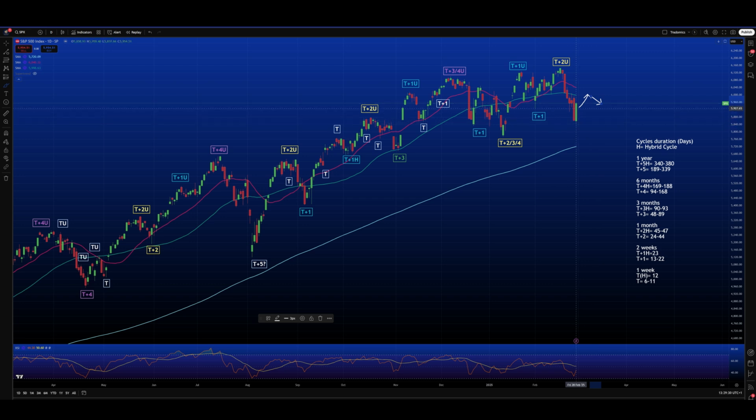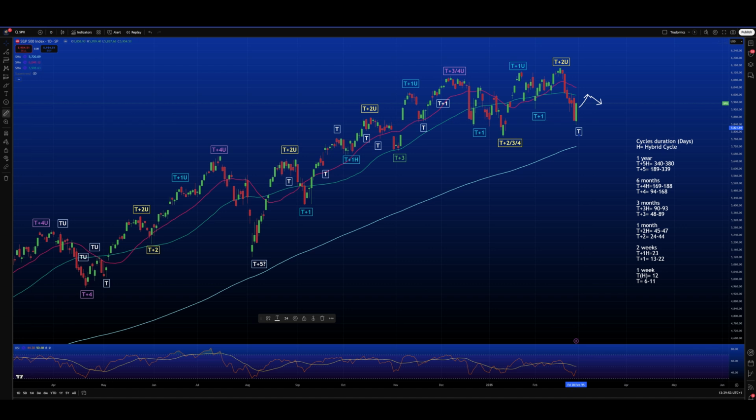But as of today, the candle here was quite promising for the beginning of a T plus 2. But this is something that we have to check over time. So here I can start leaving the weekly cycle, and then let's see in the next months.